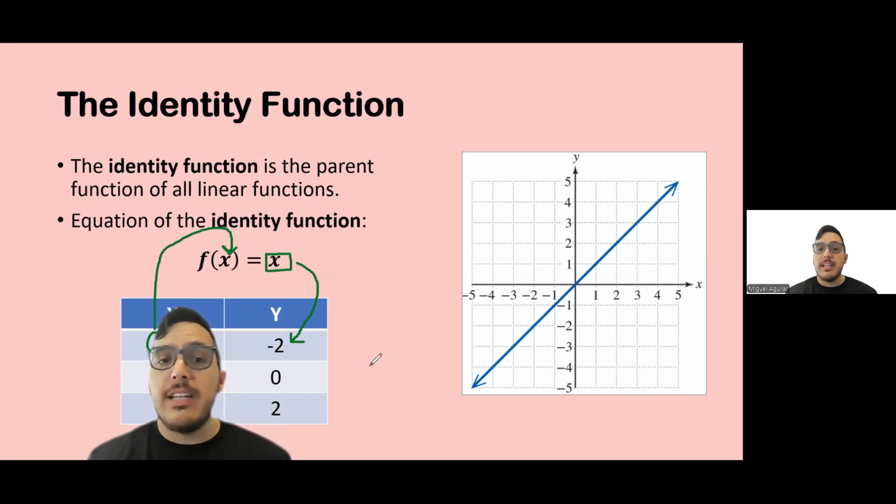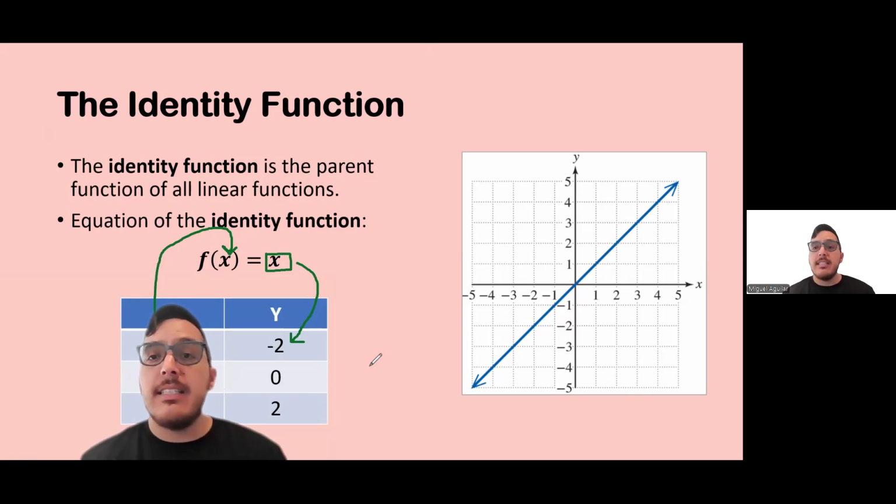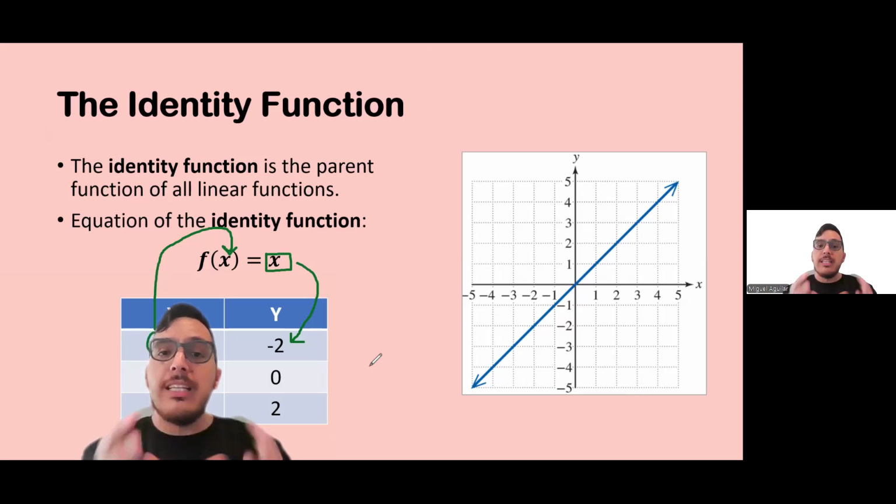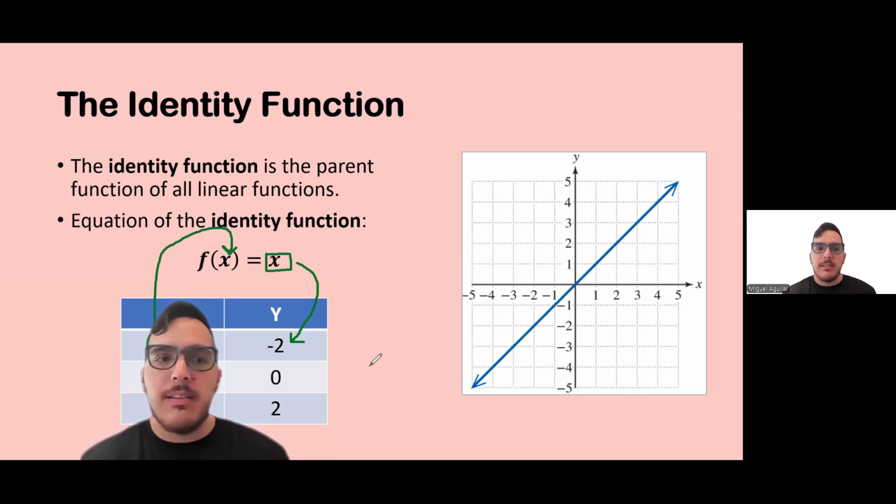Okay, so if we plug in a -2 into f of x, then the output is just x, which is that same value that we gave it. So we'll output -2. Similarly, if I just picked a random number like 5 or 8, if I plugged 8 into this function, then the output would also be 8, because you can think of this identity function, that name, as indicating that whatever you put into the function returns the identity of that value, or sort of like looking in the mirror, the function will just return the same thing that you gave it.